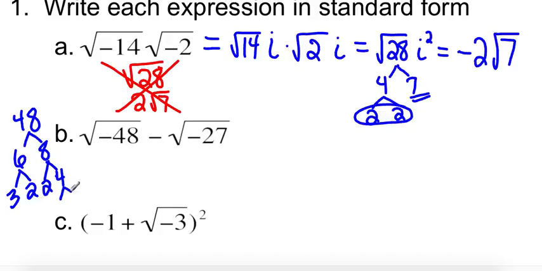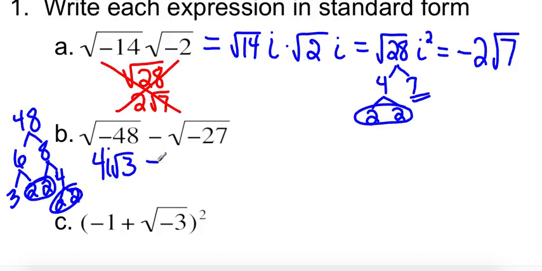Sorry about that. So we can pull out 2 times 2, so that's a 4. The 3 stays in, and that square root of negative 1 is going to become an i. The book might put it in a different spot. It doesn't really matter to me if you put it before or after. I kind of like to put it before.